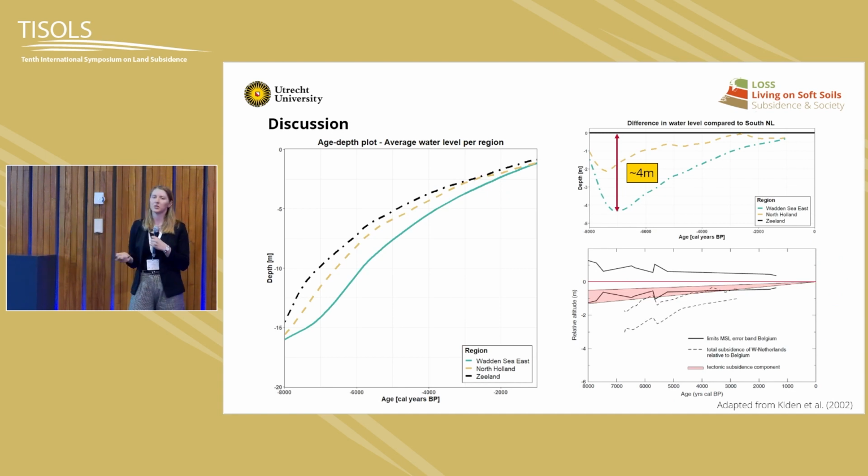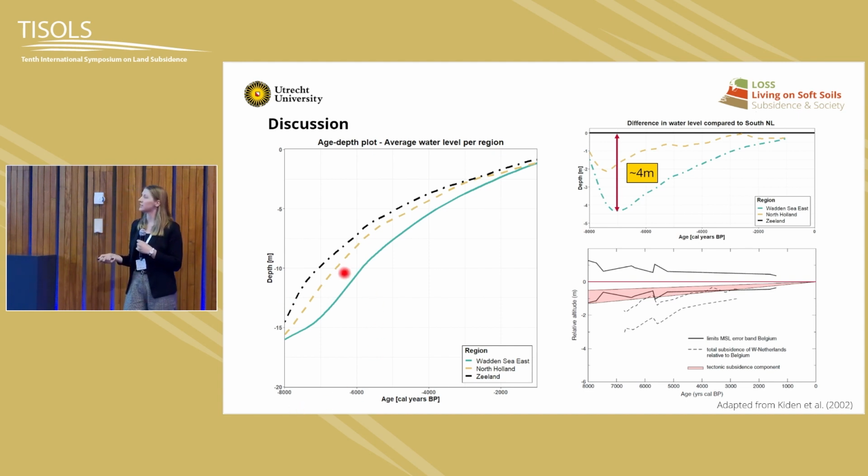And then you see a similar idea to what I showed in the beginning, but now based on the interpolation output. The blue line is the north, the Wadden Sea area. The yellowish line is North Holland and Flevoland. And the black line is the south of the Netherlands, Zeeland and South Holland.